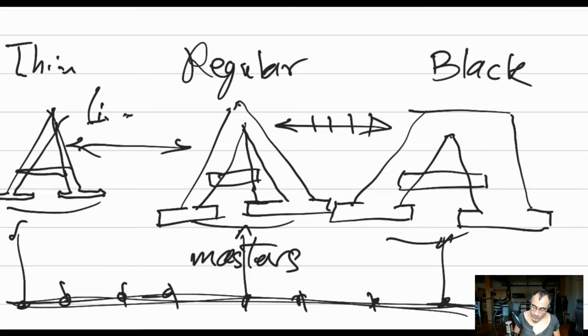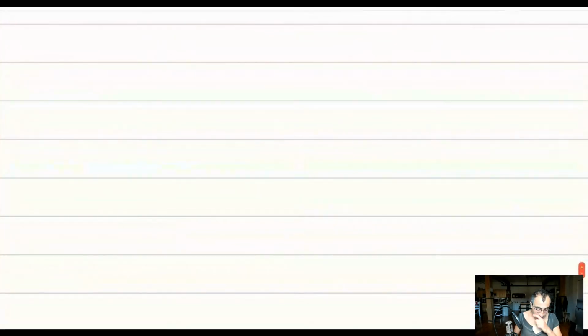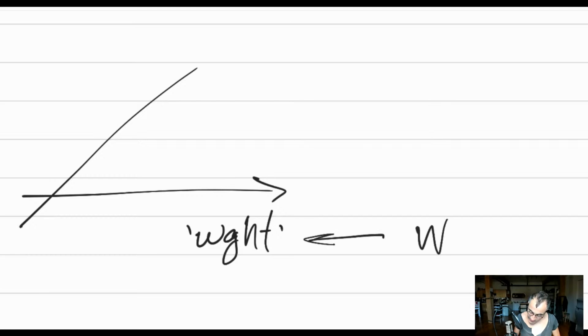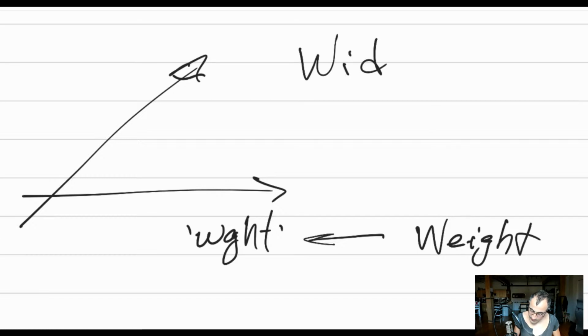But while doing that, the variation model also doesn't stop at just weight interpolation. The variations can be in any axis. The axes are referred to using four-letter tags. So this is the standard weight axis. And then there's also a standard width axis.